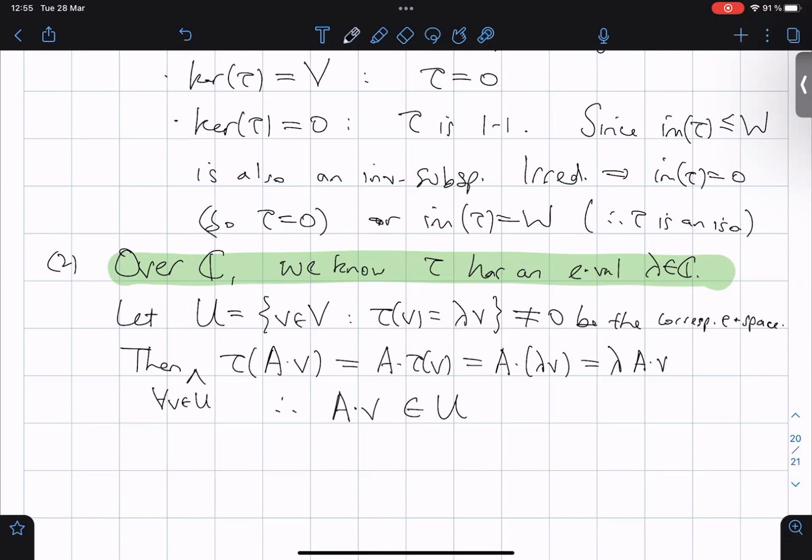So therefore, U is invariant. It's an invariant subspace of V, and it's not zero, so therefore it has to be the full thing by irreducibility.